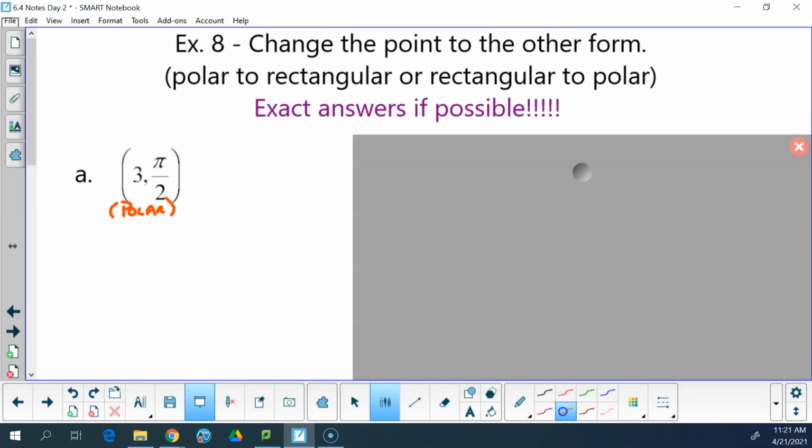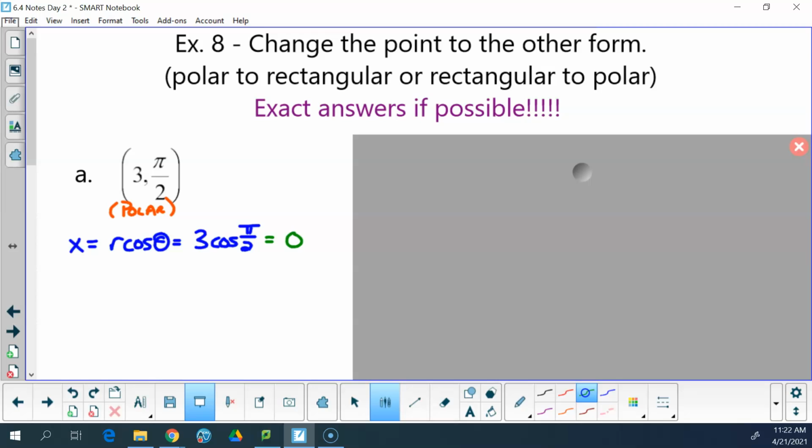So to switch it to rectangular, we would say that x is equal to r cosine theta, or 3 cosine of pi over 2. Cosine of pi over 2 is zero, times 3, 0.